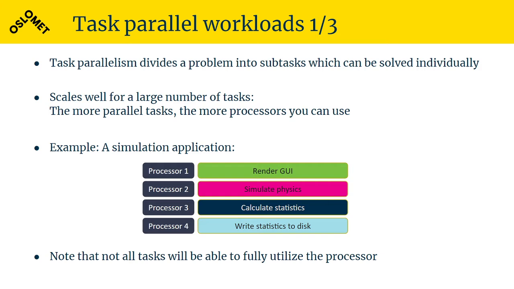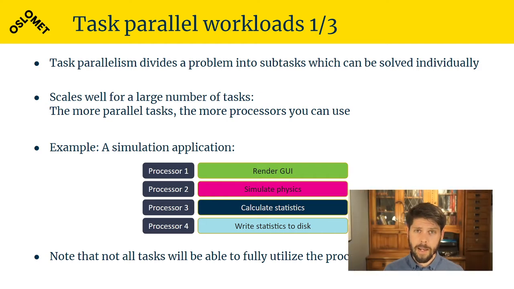Now, if you think about this, the most computationally demanding part here is often things like simulating the physics or calculating the statistics. And that means that rendering the user interface on processor 1 is just using a small section of what the processor is actually capable of. So here we're not using the full potential of our computer.